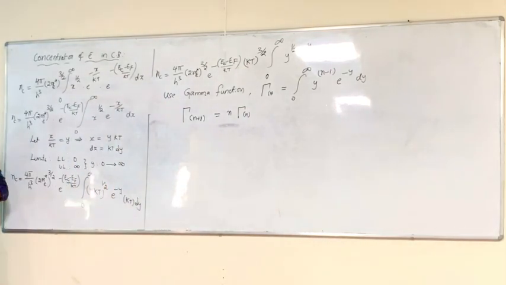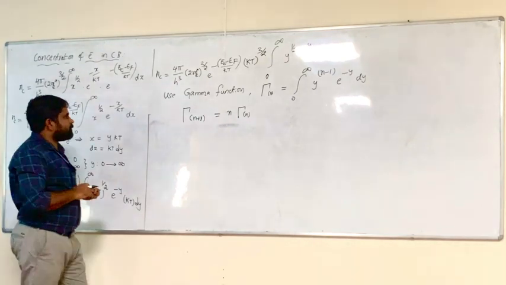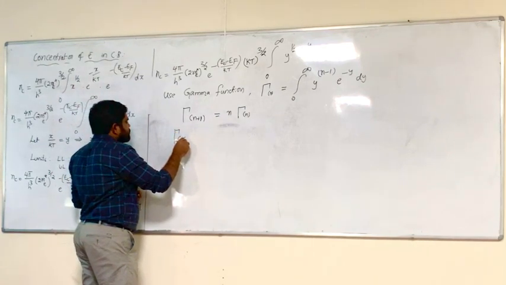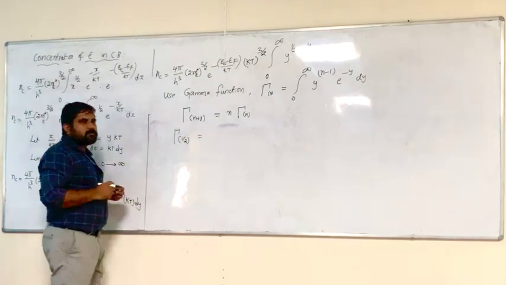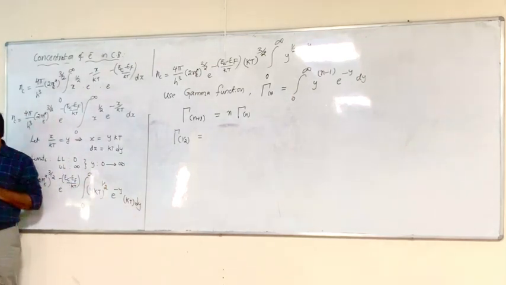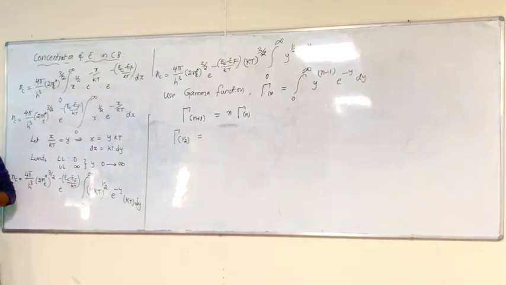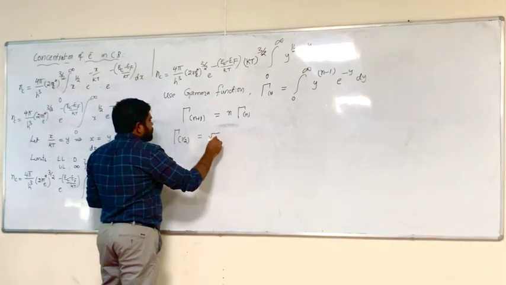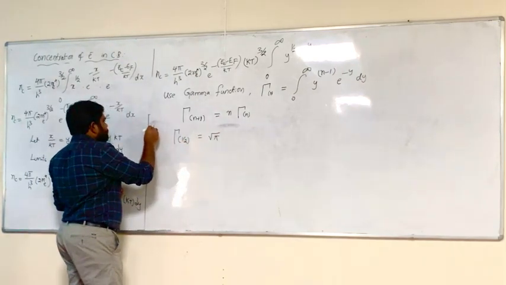And it has a value: gamma of 1 by 2 is equal to root pi. You know that.